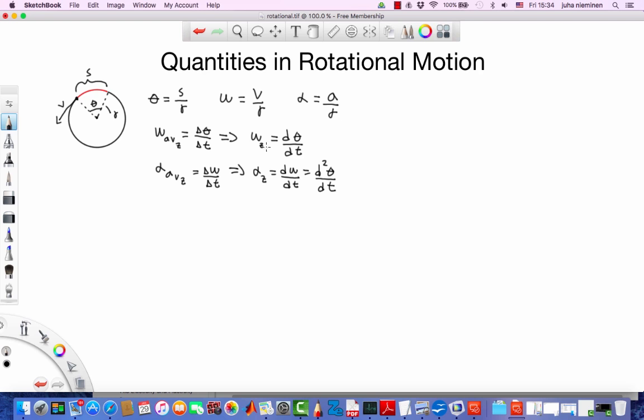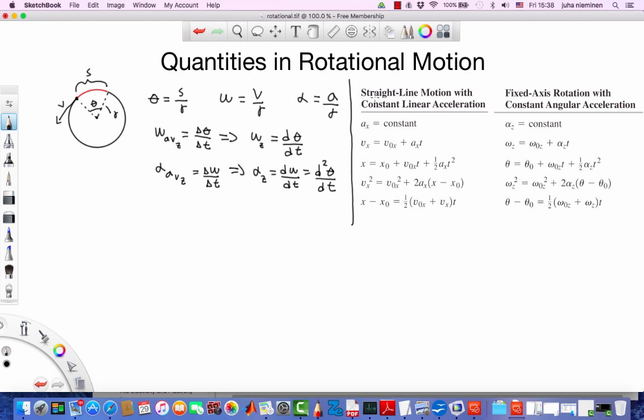The fact that the angular velocity is the time derivative of angular displacement and the angular acceleration is the second derivative of angular displacement leads to almost the same equations for rotational motion under constant acceleration as we had for linear motion under constant acceleration. So let's have a look at these formulas.